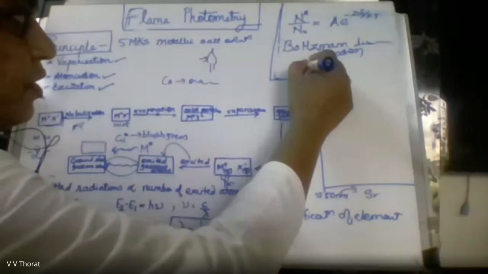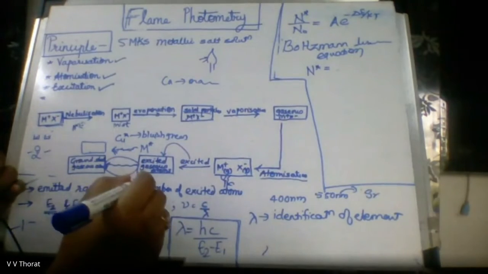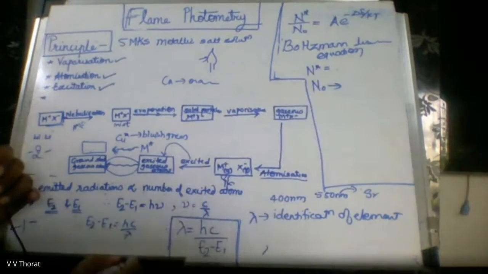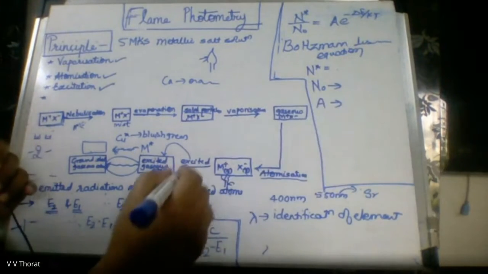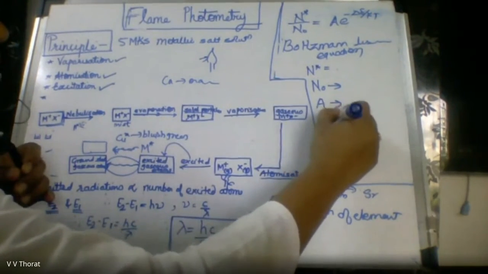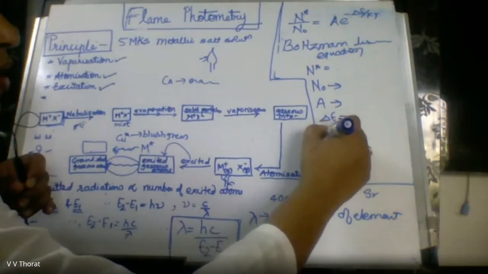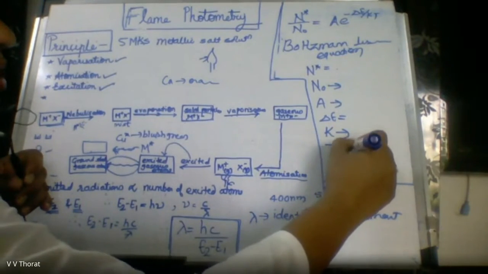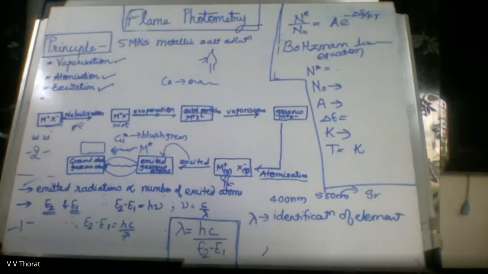And then you will write very nicely: N star is equal to number of excited atoms, N0 number of atoms originally present, A constant, delta E energy before and after, K is the Boltzmann constant and T is the temperature in Kelvin. This is what you are expected to write.